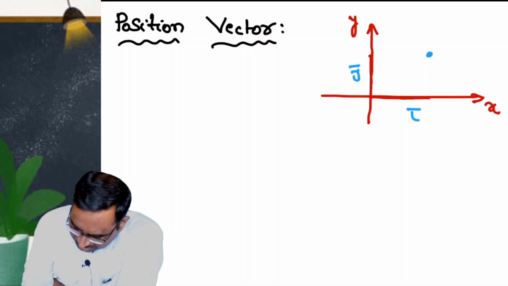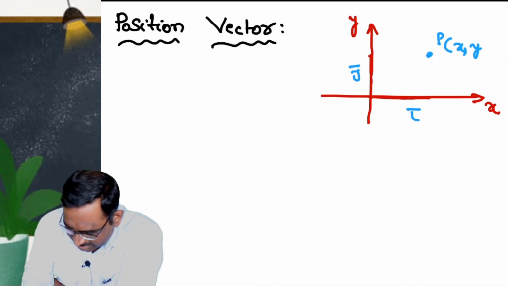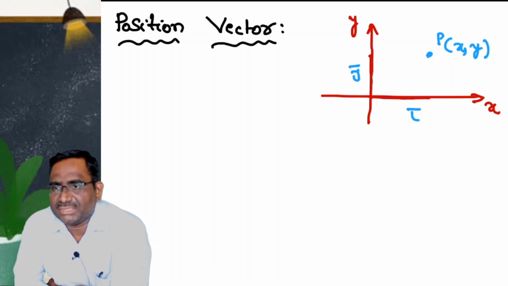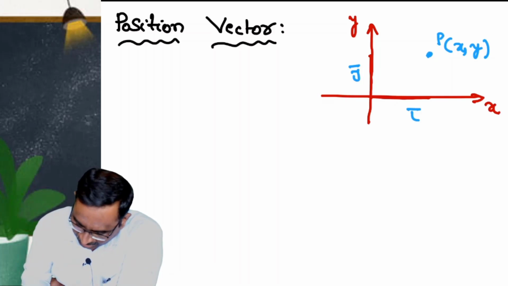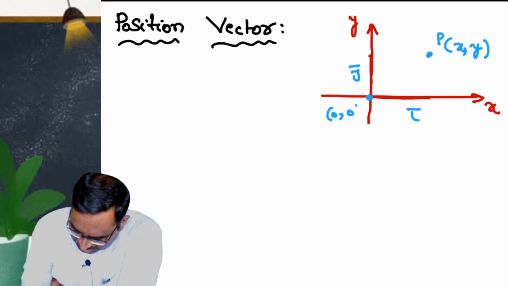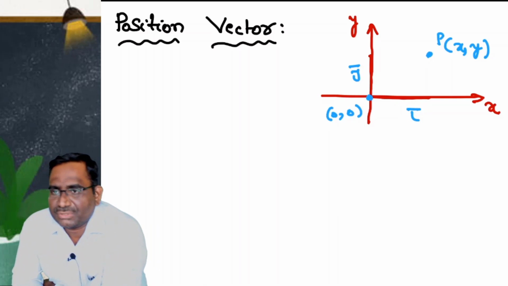Let us take the point P, (x, y) on this plane, and this is another point, the origin (0, 0).